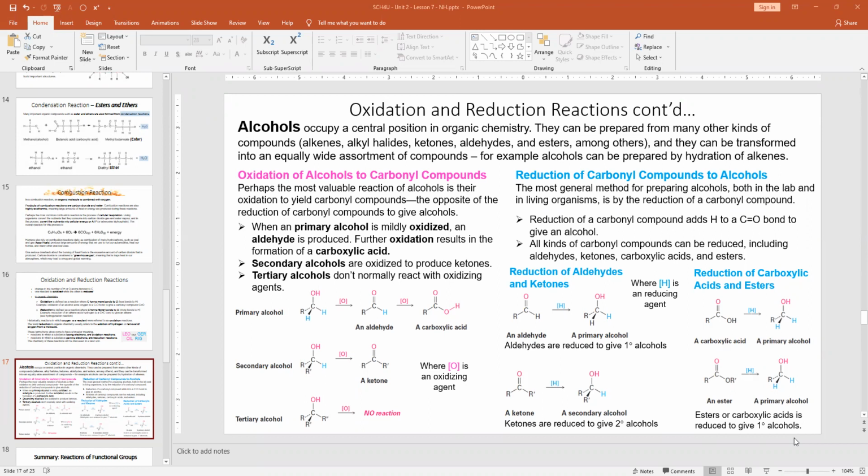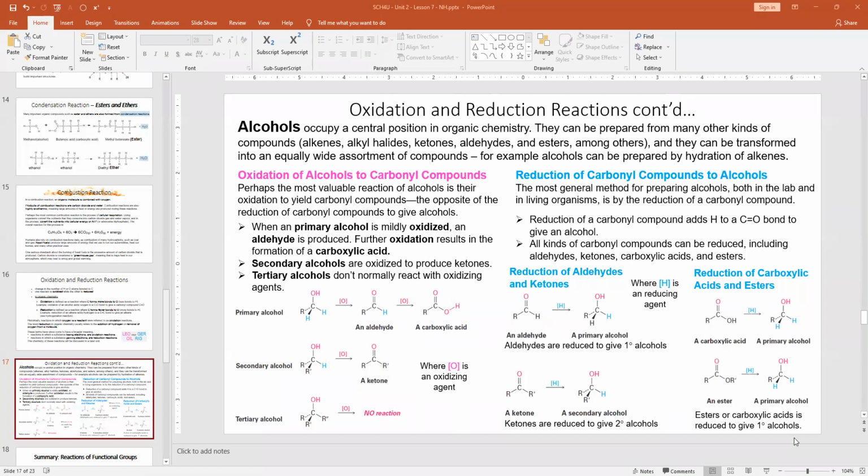So here we've described two sets of very important reactions, oxidation and reduction reactions, that take place either with alcohol as a reactant, or they produce alcohol.